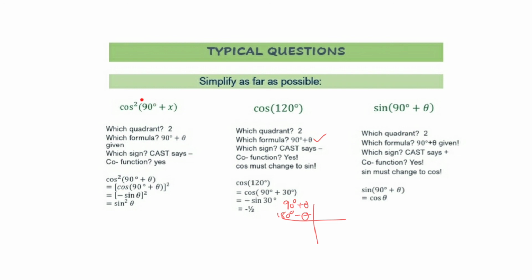Yes, we are, because 90 says we must use a cofunction. So cos will change to sine. The formula falls away, the cos becomes a sin, and the minus is because of the second quadrant. Now you have minus sin theta, all squared. So that means minus sin theta times minus sin theta, which gives you plus sin squared theta.